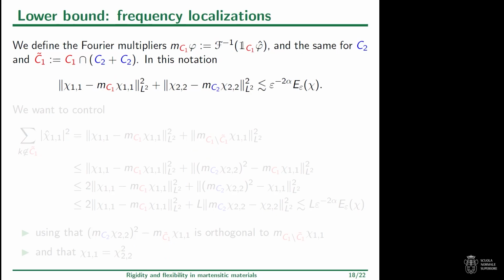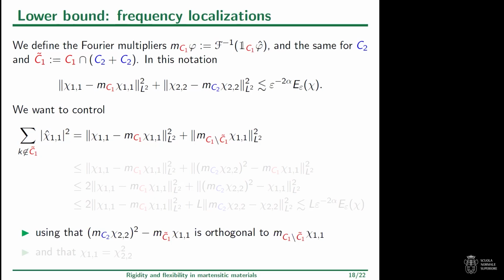That is the estimate we have, but now we want to control Chi11 in a larger set, outside C1 tilde, whose complement is larger. We can split this into whatever is outside the big cone and whatever is inside the big cone but outside the small cone.